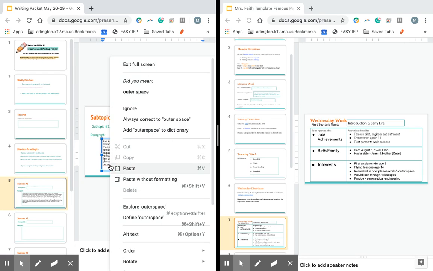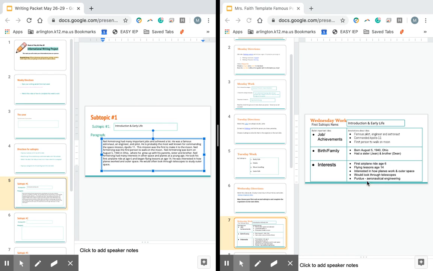Okay. Now my last one was that he ended up going to college for aeronautical engineering. So I might say these interests are what inspired him to go to Purdue University to study aeronautical engineering.